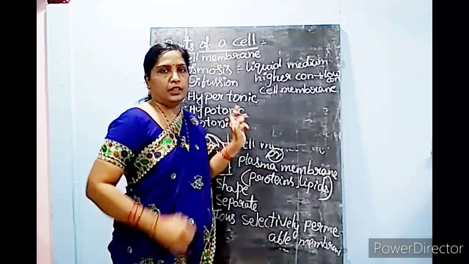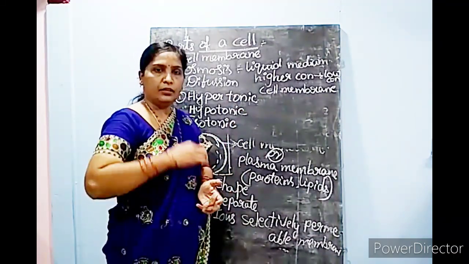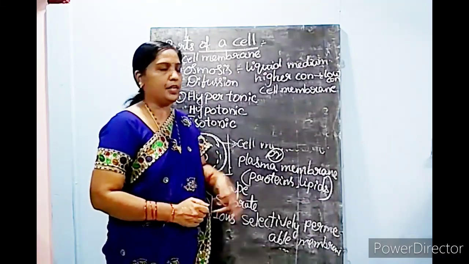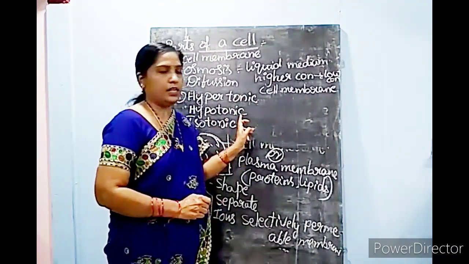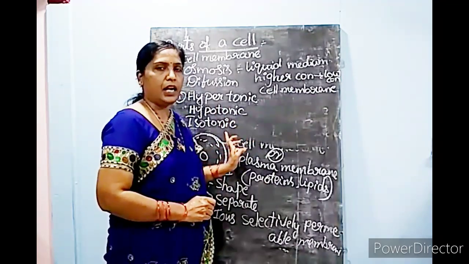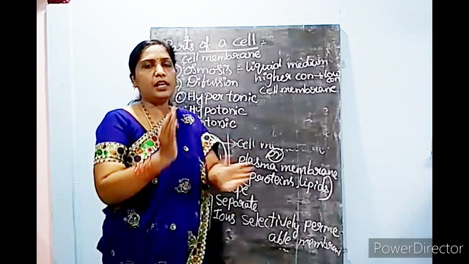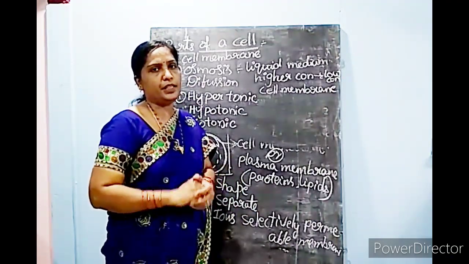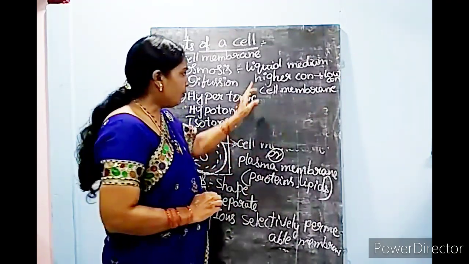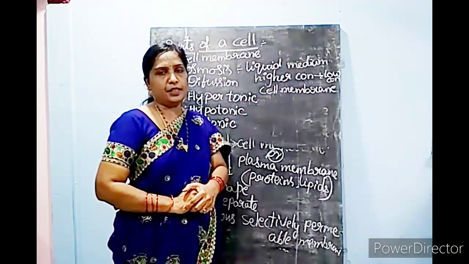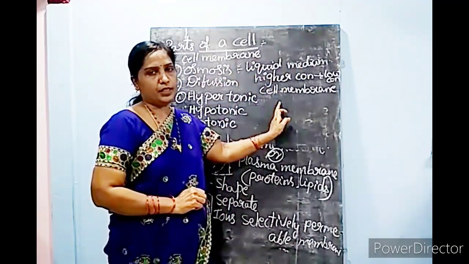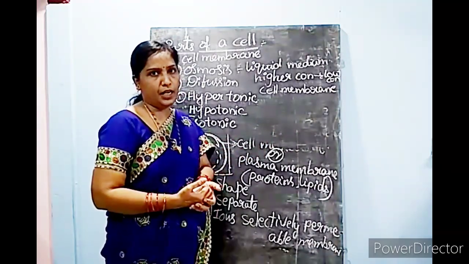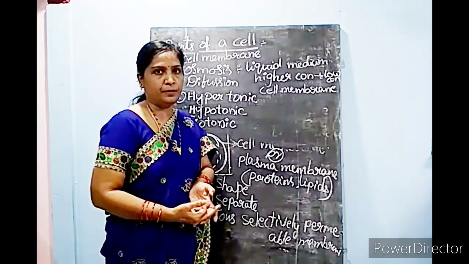Hypertonic means outside the cell there is more concentration and inside the cell less concentration. Opposite to this is hypotonic. And isotonic means inside the cell and outside the cell, both areas' concentration will be the same. So wherever the liquid medium is present, there the osmosis process takes place, and the cell membrane allows ions to move in and out according to the situation.